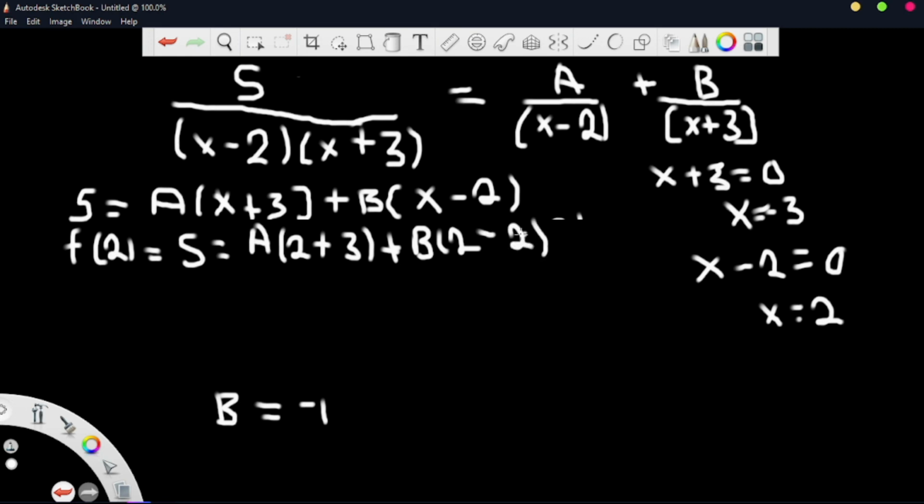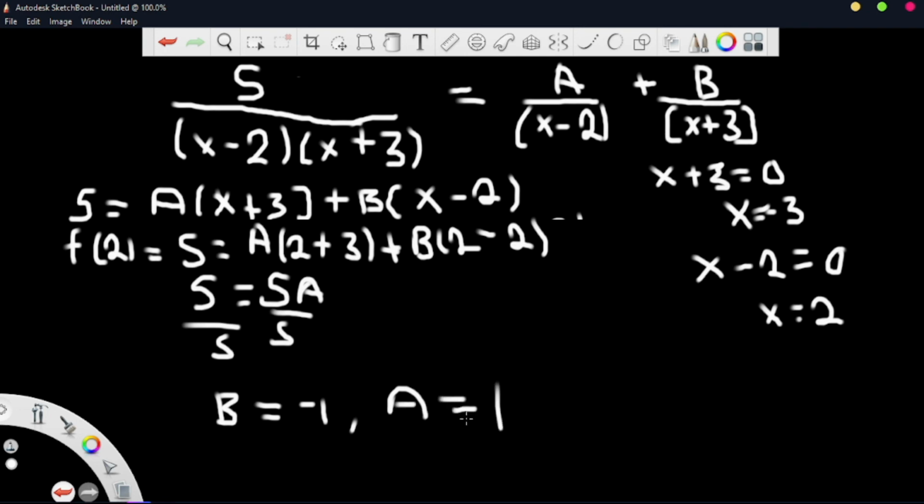Notice straight away that our b term is 0. So now we have 5 is equal to 5a, divide over 5 over 5, and my a is 1.